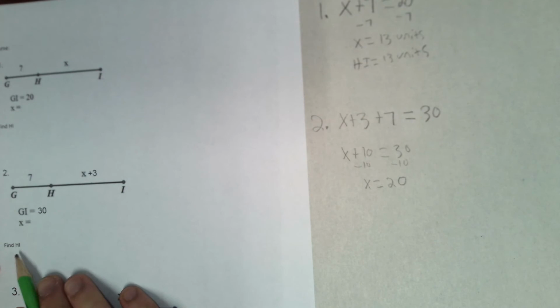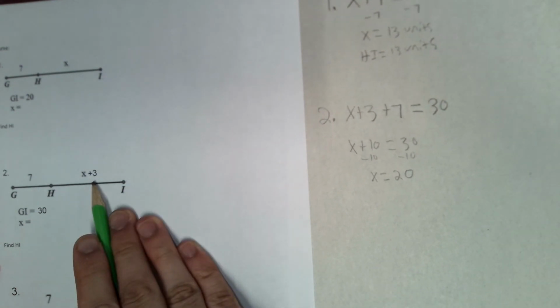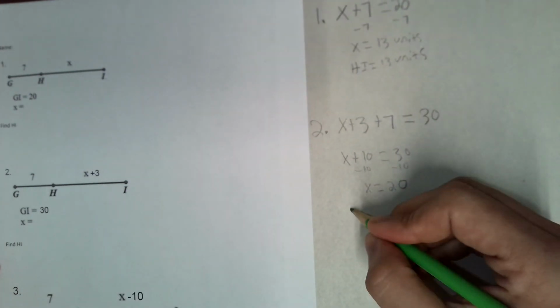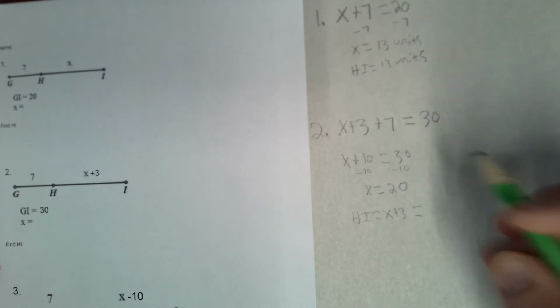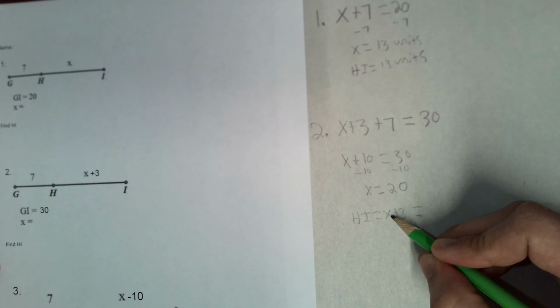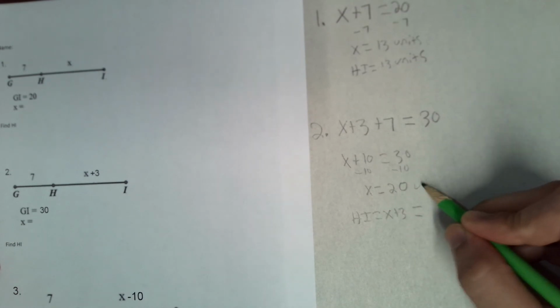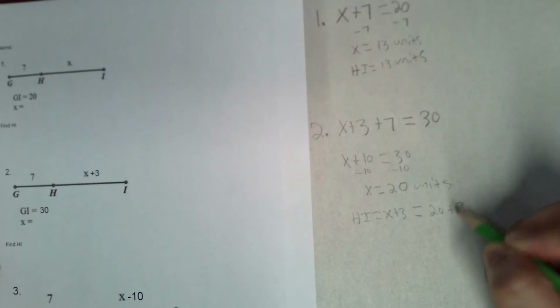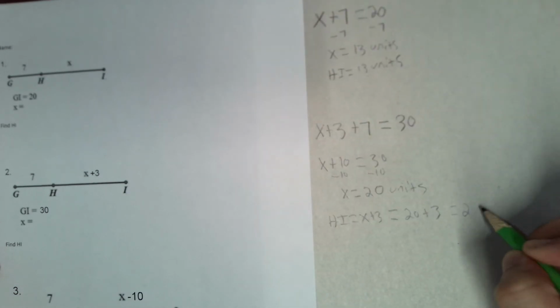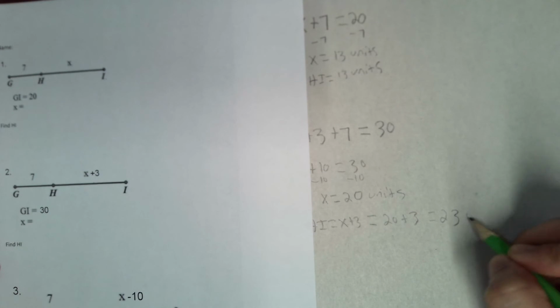But now for HI, well, HI is X plus 3, but I know what X is. X is 20. And don't forget, we're going to label that with units. So this is going to be 20 plus 3, which is 23 units.